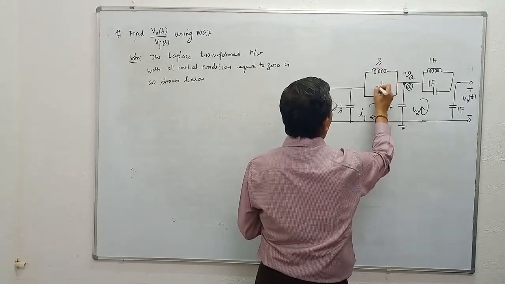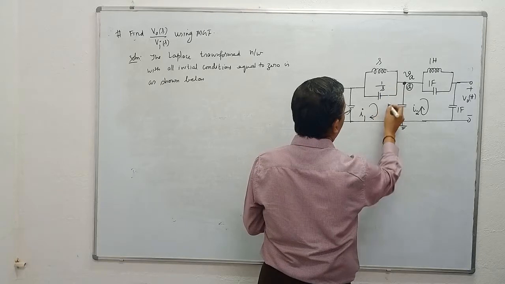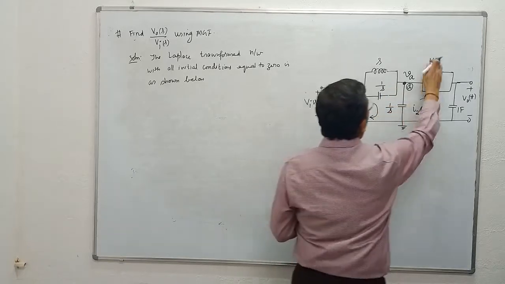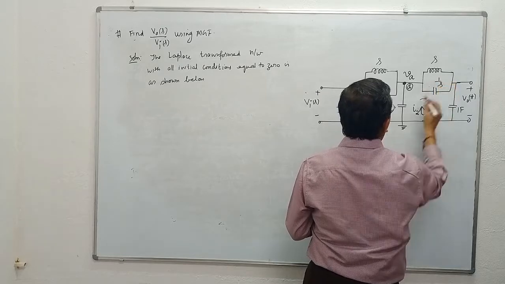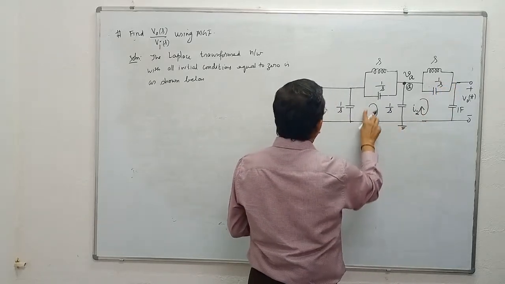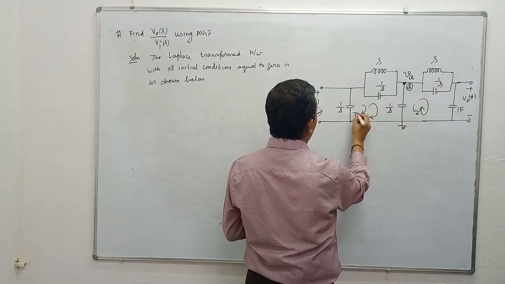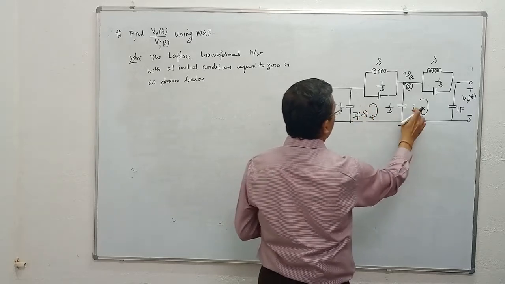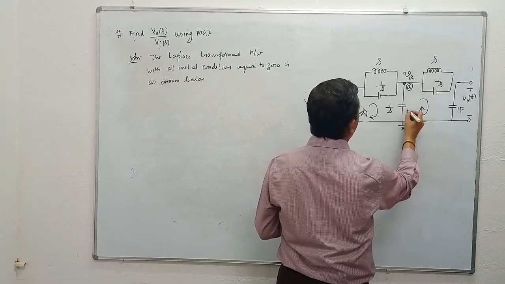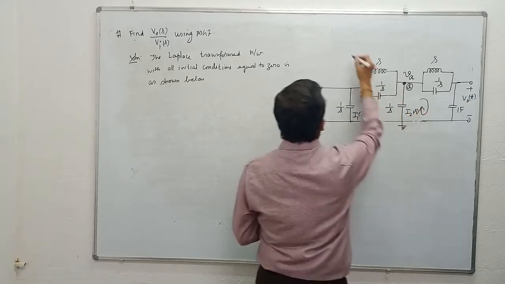1 farad becomes 1 by S. 1 Henry becomes S. 1 farad becomes 1 by S. This is the current I1 of S, and this is the current I2 of S. So what is important?